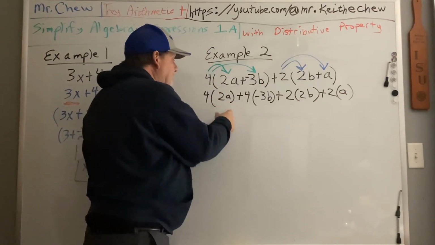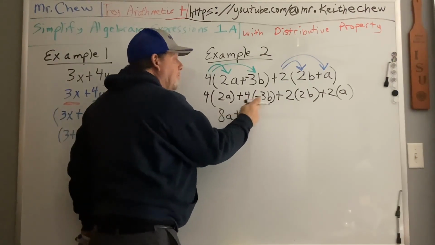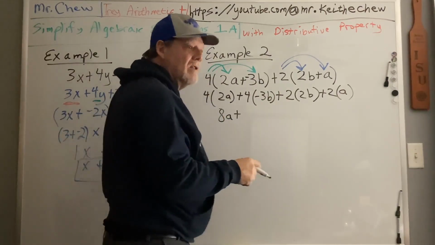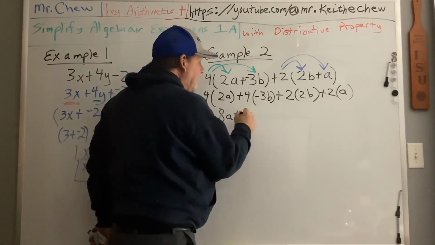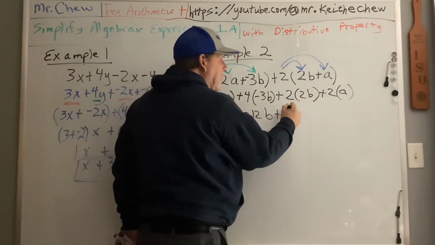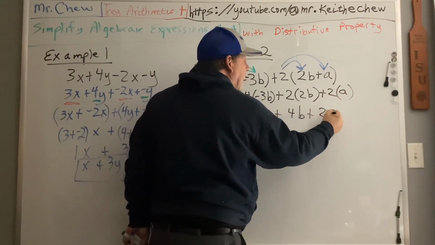So the 4 times the 2a is 8a. The 4 times the negative 3b is negative 12b. The 2 times the 2b is 4b. And the 2 times a is 2a.